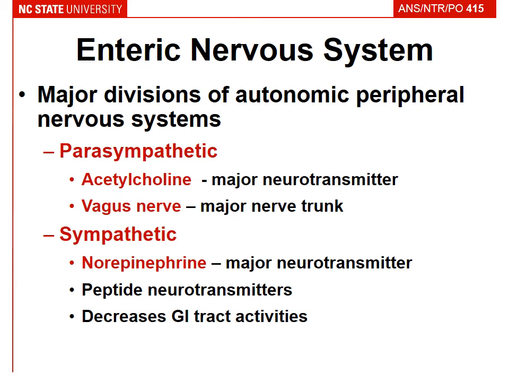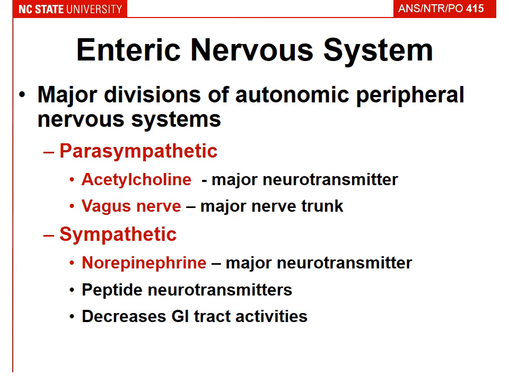The first one is the parasympathetic, which is mainly utilizing acetylcholine as its major neurotransmitter, and it's coming from the vagus nerve. The vagus nerve is what's controlling the GI tract for the parasympathetic.